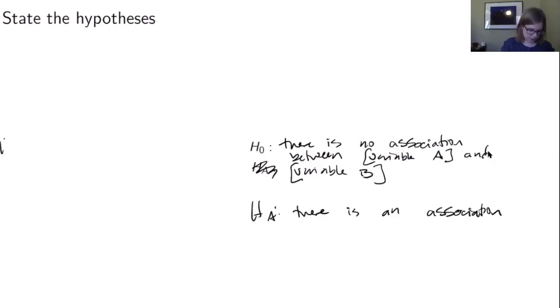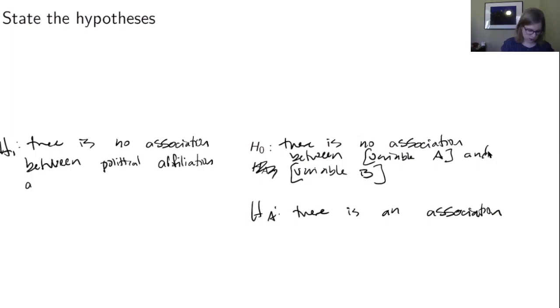So in this example, if we were thinking about the political party and the responses, there is no association between political affiliation and beliefs on media and COVID-19. And the alternative hypothesis is that there is an association.